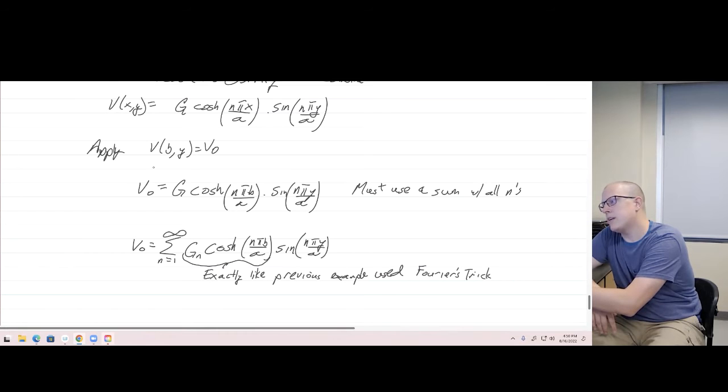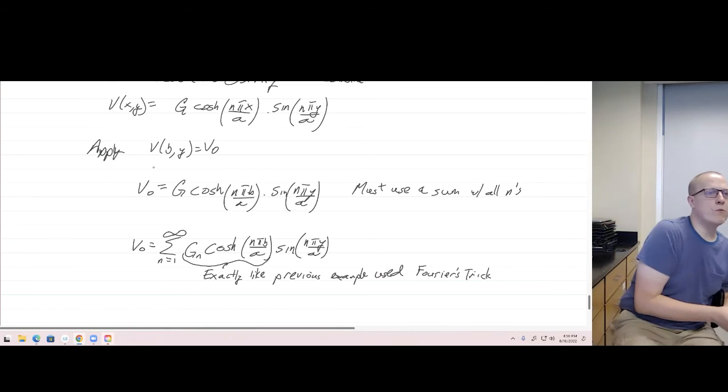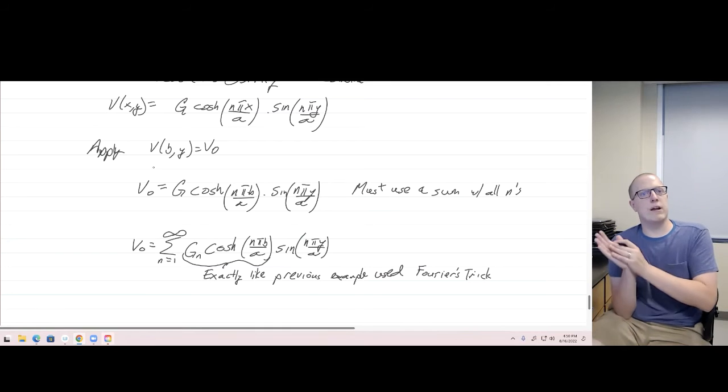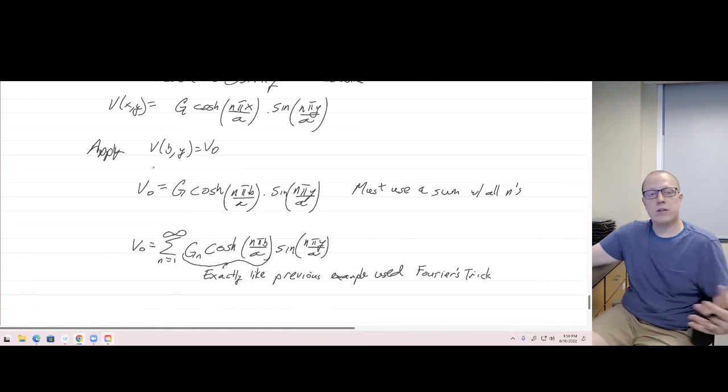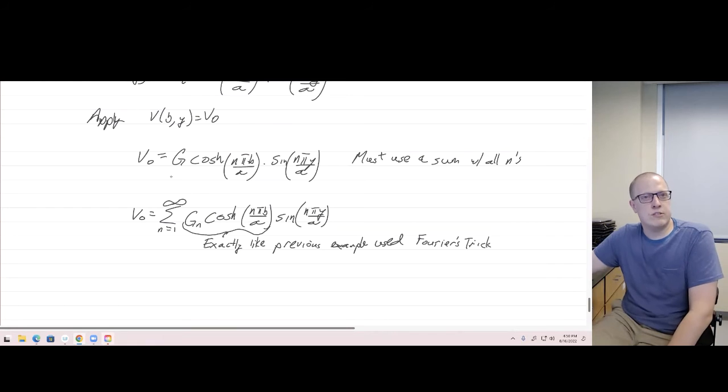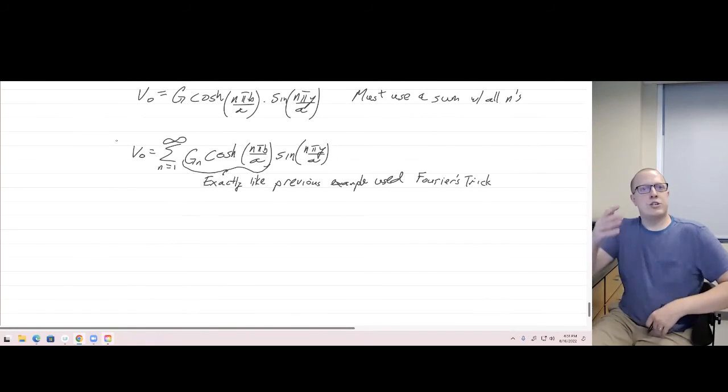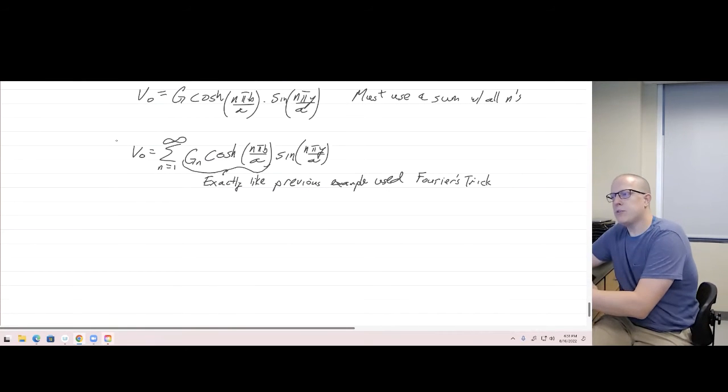And again, I don't want to go into the details of Fourier's trick, but last time we did this integral, and we figured out what the integral was, and it was a straightforward integral, and we got Gn equals something. And so the same thing applies here, except instead of saying Gn equals something, it's Gn times cosh equals that same value.